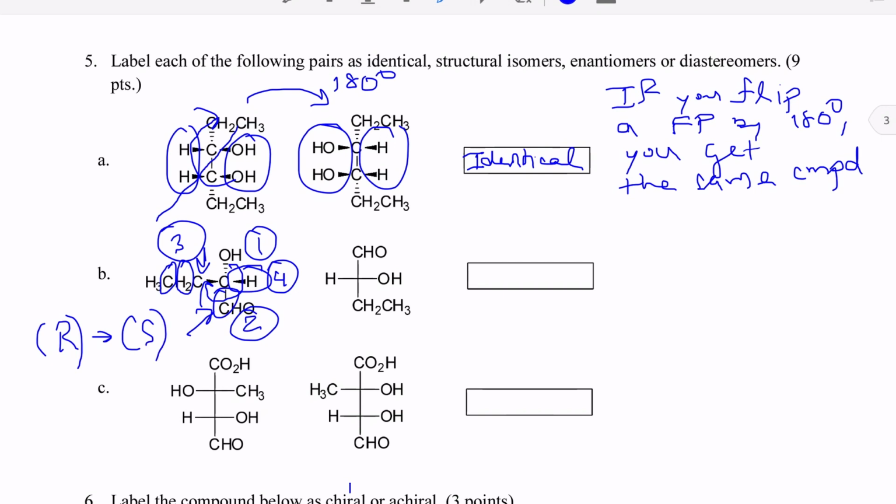And now that we have that settled, let's look at the molecule to the right. When we order it using the same principles as I mentioned earlier, we get this. And if we find the arrangement, it's going counterclockwise.